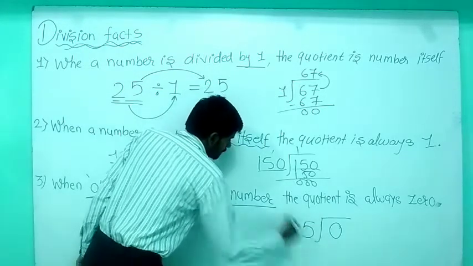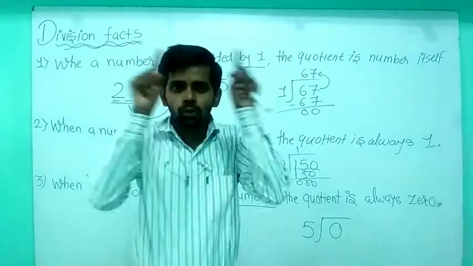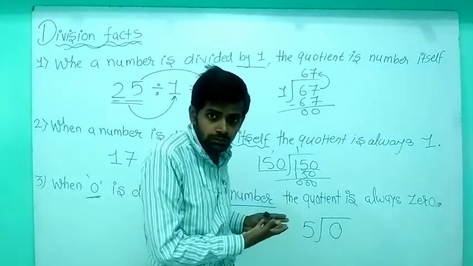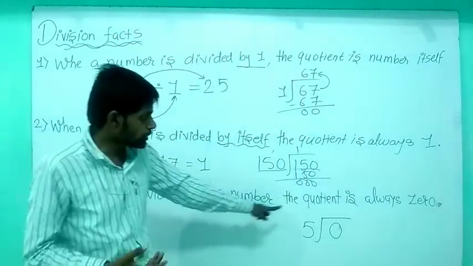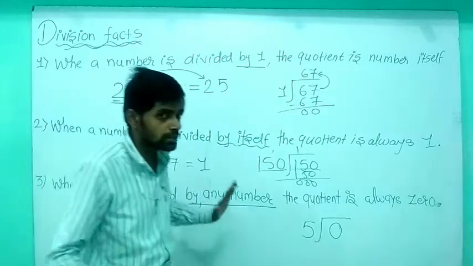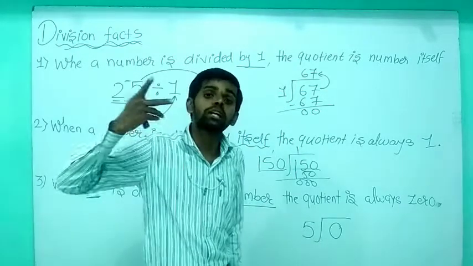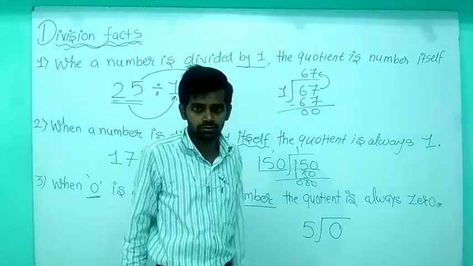Let's take 5. Here I am trying to divide 0 by 5, then the quotient is always 0. What does that mean? Understand carefully: say the table of 5 up to 0.